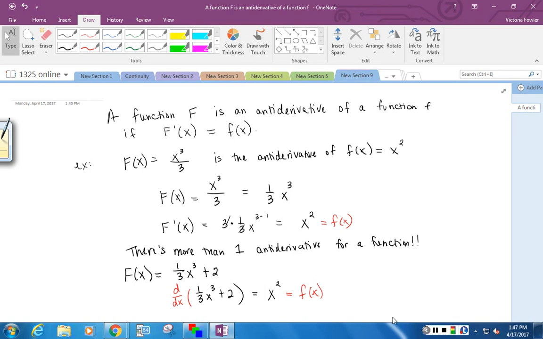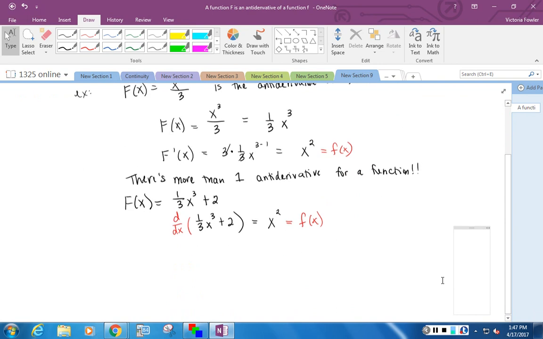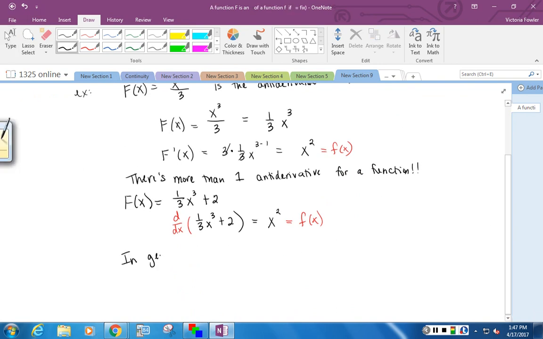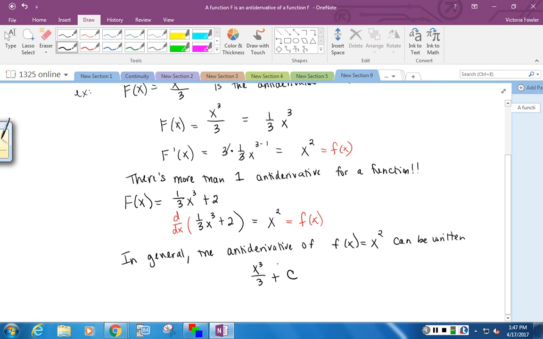So in general, we can just say that the antiderivatives will differ by a constant. Let's write that for this case in particular. In general, the antiderivative of the function f of x equals x squared can be written as x cubed over 3 plus a constant, right?